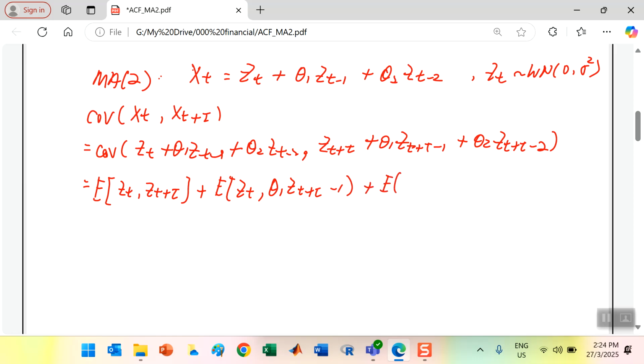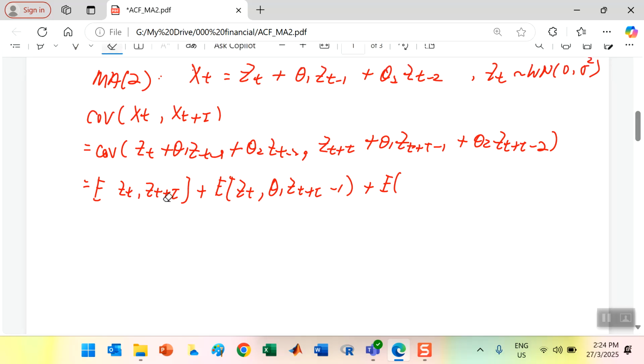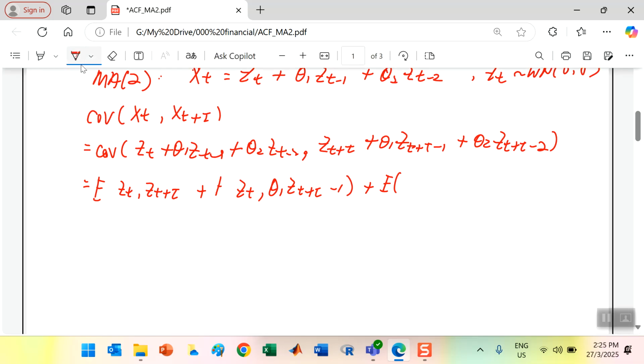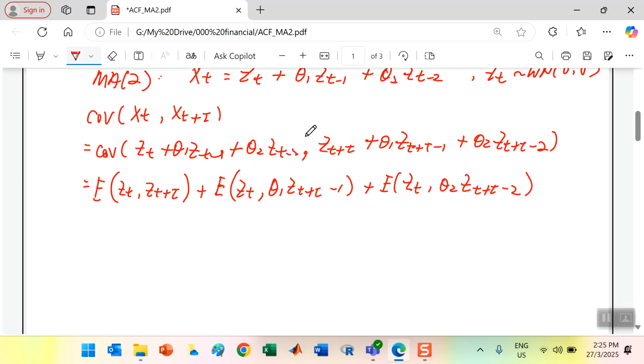Actually, I should use a bracket. Some notation is fine written in brackets in this form. Then the third term is Zt with theta 2 Z(t+tau-2).